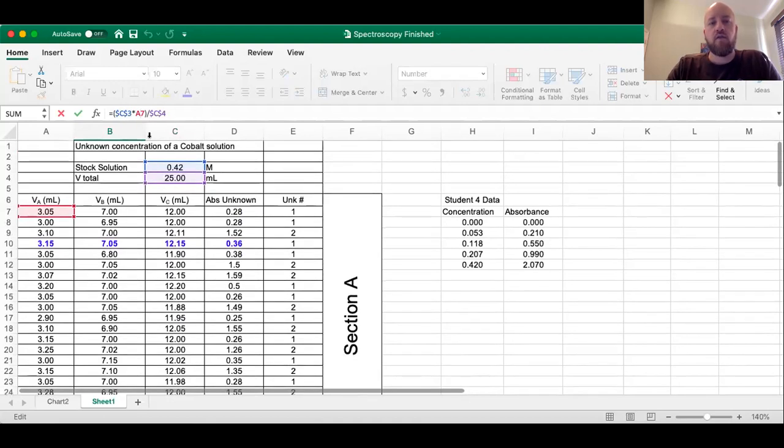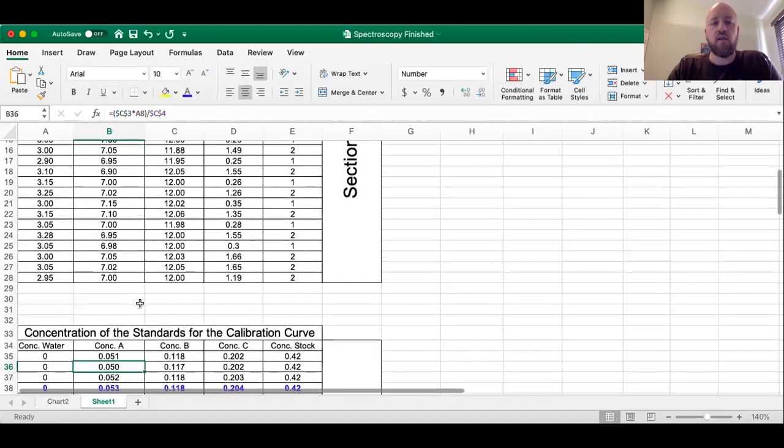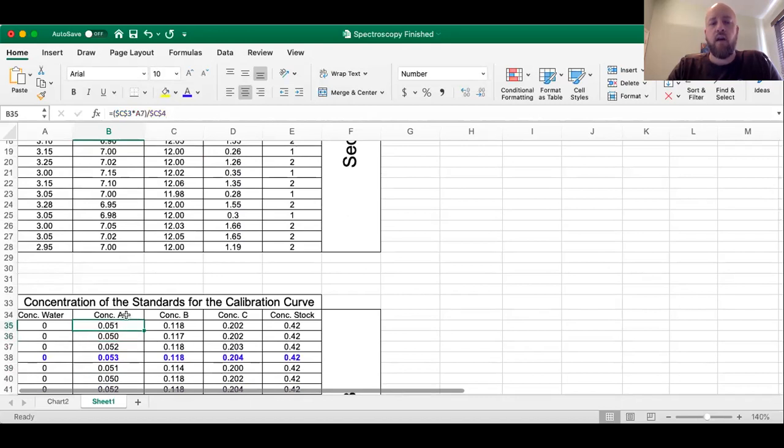Here you'll see the actual M1V1 equals M2V2 equation. We have the molarity of the stock solution, times the volume that we used of it, only 3 milliliters, divided by the total volume, 25 milliliters. This gives us the concentration of sample A, which is about 0.015.